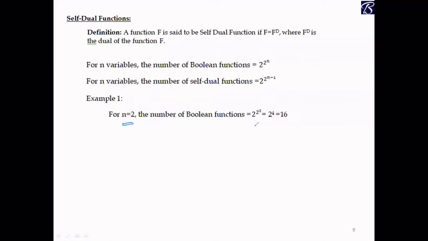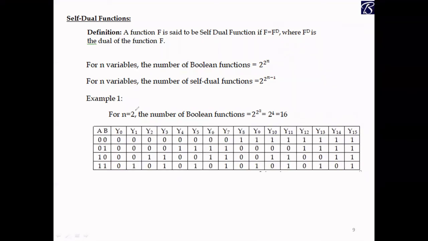How many Boolean functions are possible? That is 2 power 2 power n. In the place of n, you substitute 2. 2 power 2 power 2 is 2 power 4, that is nothing but 16. So take n equal to 2, where a, b variables are there. The combinations are 00, 01, 10, 11, up to 2 power n.